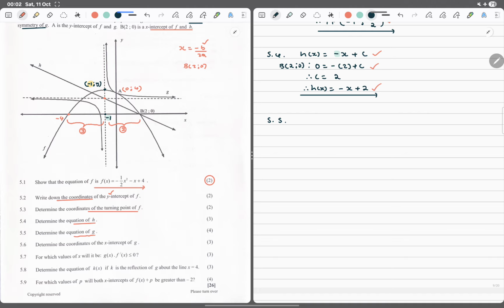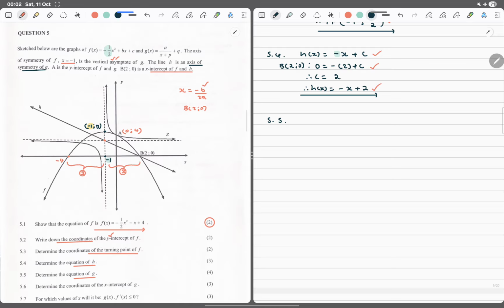Okay, so this is 5.5. We need to determine the equation of g, which is the hyperbola. Now we need to think about it carefully at this point. What do we have? We've got the vertical asymptote. We don't have the horizontal asymptote, but we can work it out because this center point here will tell us what we need there.